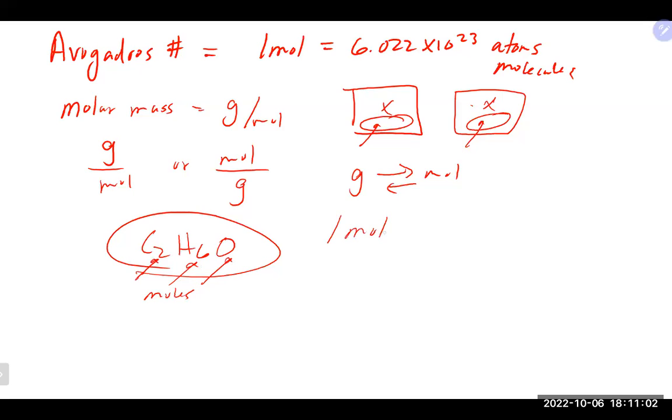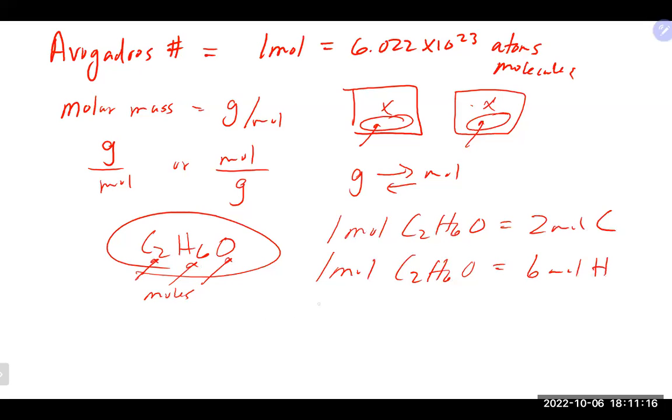We could say 1 mole of the entire thing gives us 2 moles of carbon. 1 mole of the entire thing gives us 6 moles of hydrogen, and 1 mole of the entire thing will get us 1 mole of oxygen.